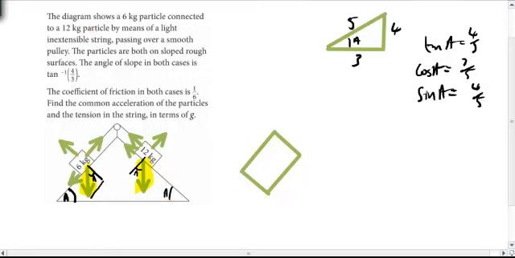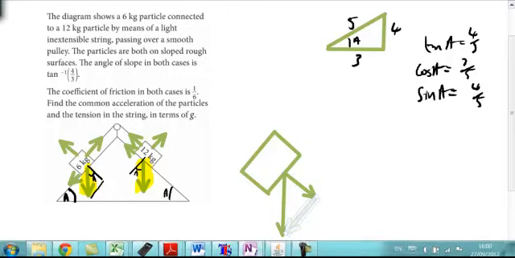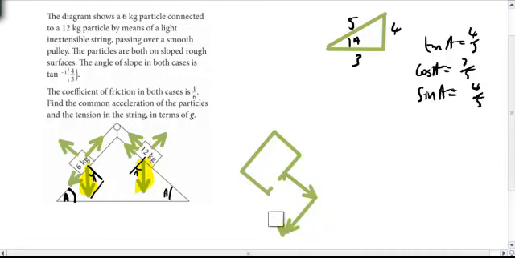So, where I'm going with this is that instead of this vector here, and I'll just draw it in to show you that it is, we're going to have a vector down this way and a vector this way. And we're going to replace that one with these two. They're the same, they add up to that one.